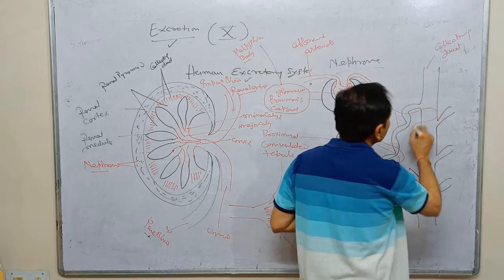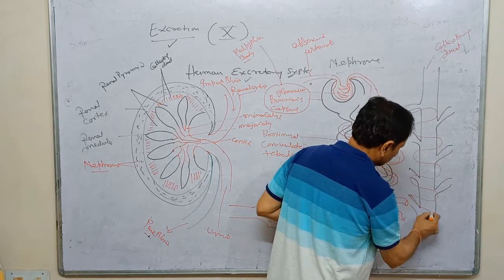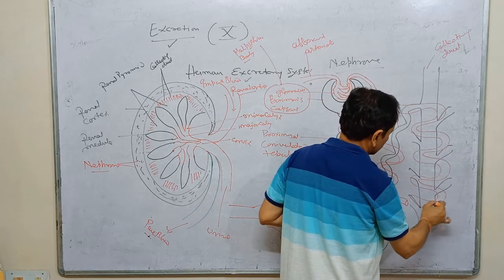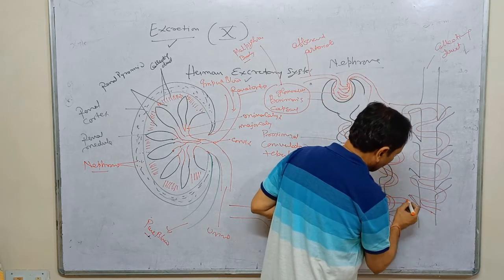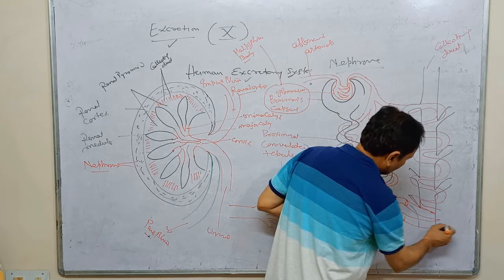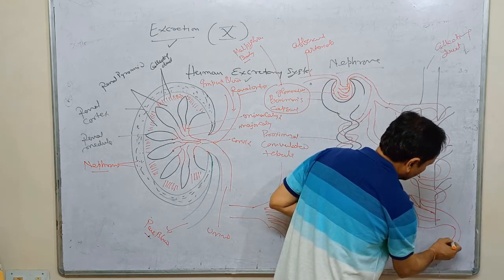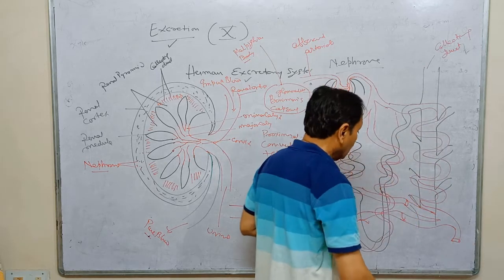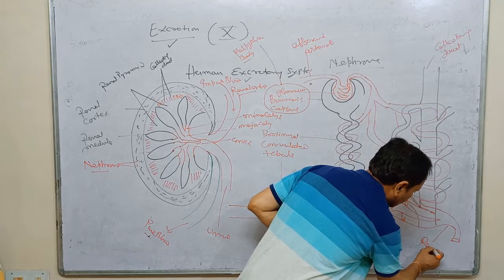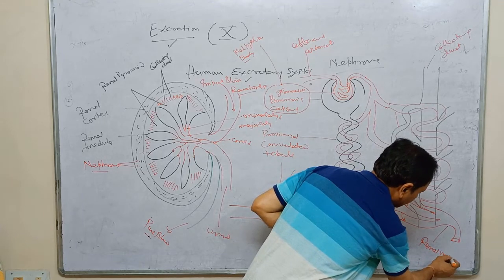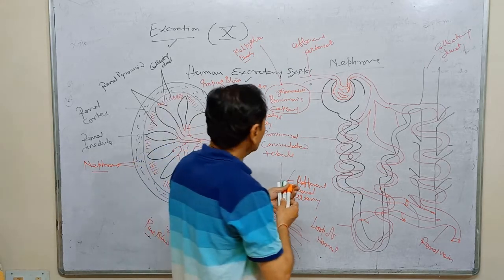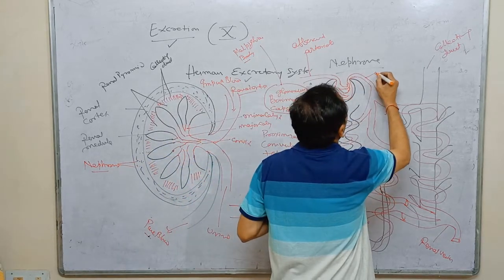It also surrounds this. And ultimately all join to become one pure blood vessel, which is called the renal vein. It means what happens here, you will see. This is called efferent arteriole.